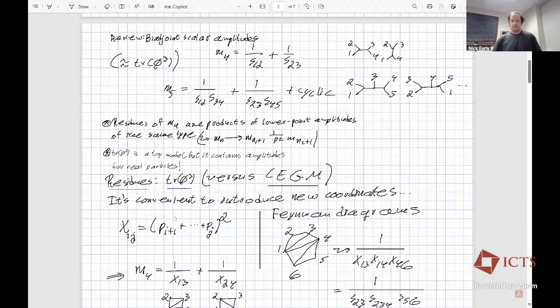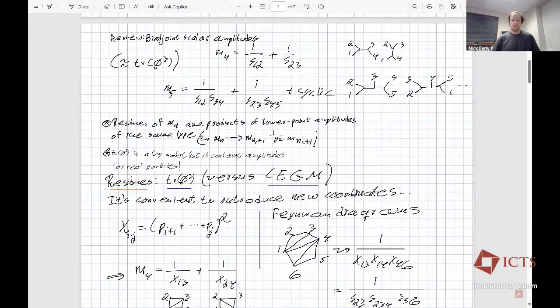N-particle scattering processes in this theory, if we fix a color order or a planar order, are constructed with Feynman diagrams, which are in bijection with triangulations of an n-gon, and they're explicitly constructed where each inverse propagator is dual to one of the chords of a triangulation, and then you sum over all triangulations of that. And these explicitly give you the different Feynman diagrams of the theory, one for each triangulation.